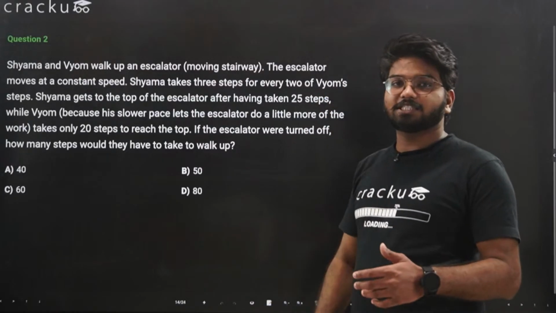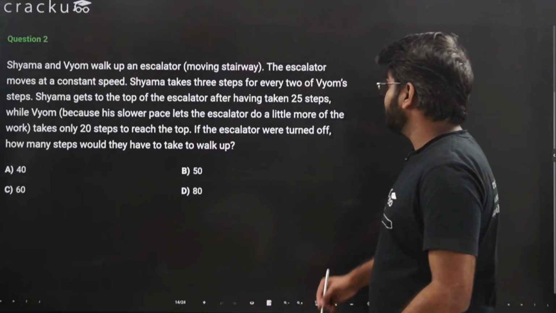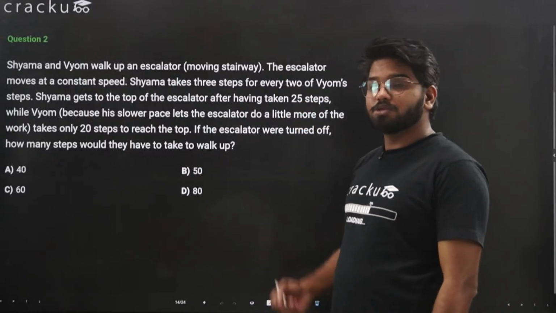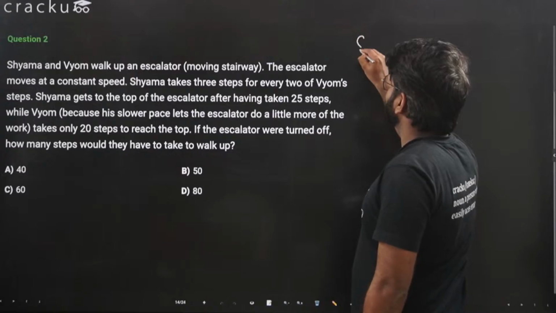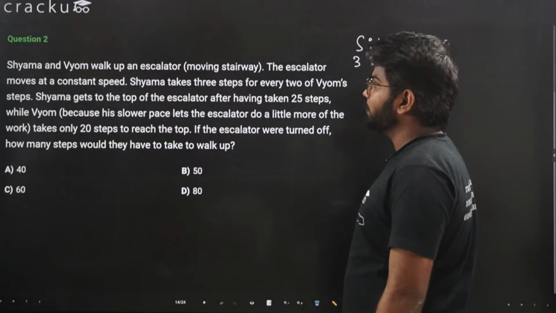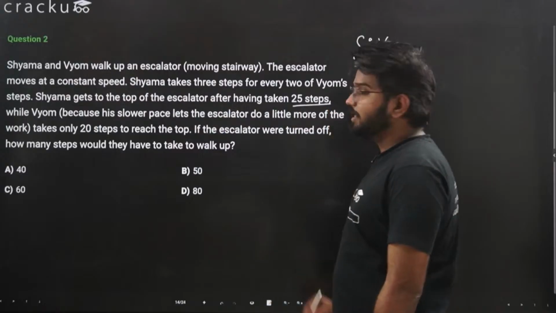Basically, we are given the relation between the speed of Shama and Vyom. If Shama takes 3 steps, Vyom in the same time takes 2 steps. So basically, the ratio of the speed of Shama and Vyom is 3:2.